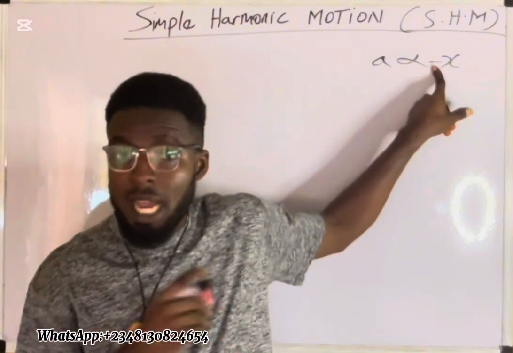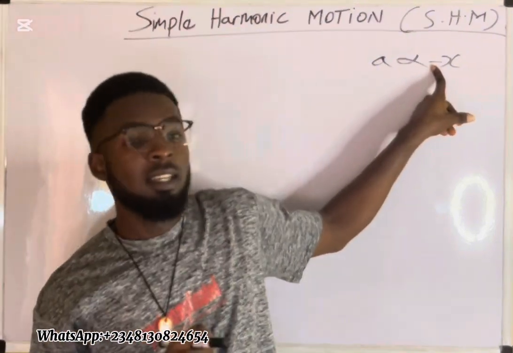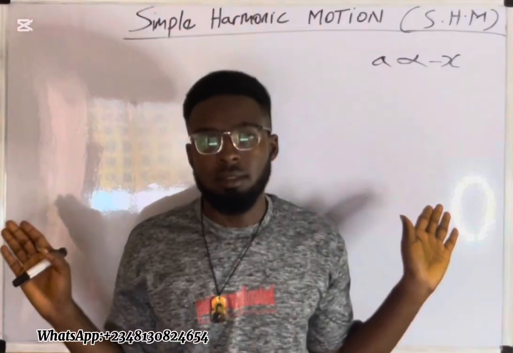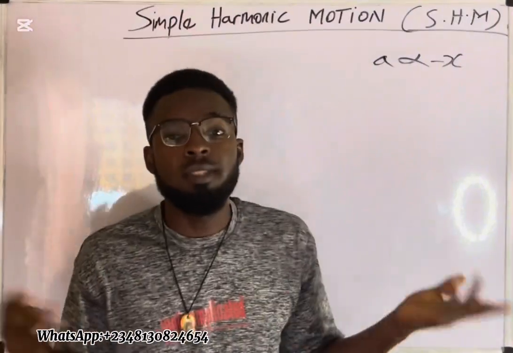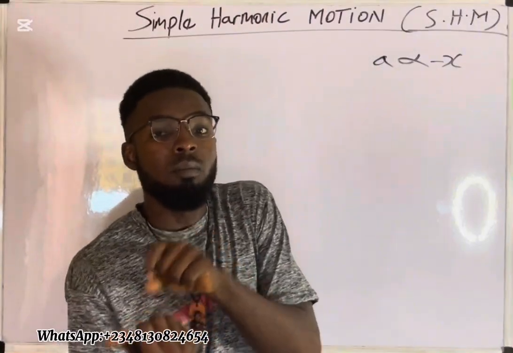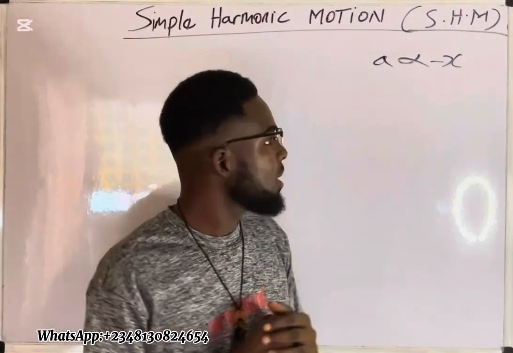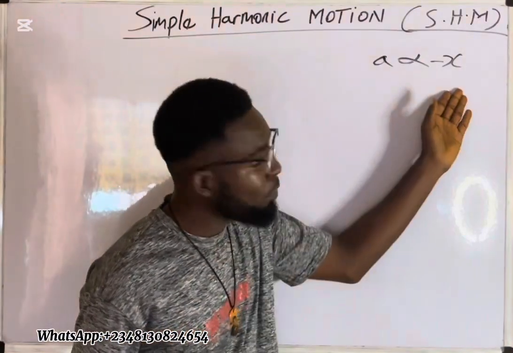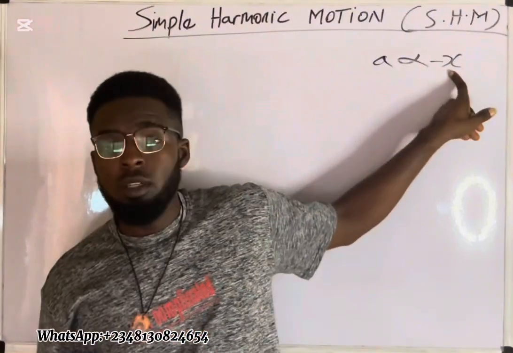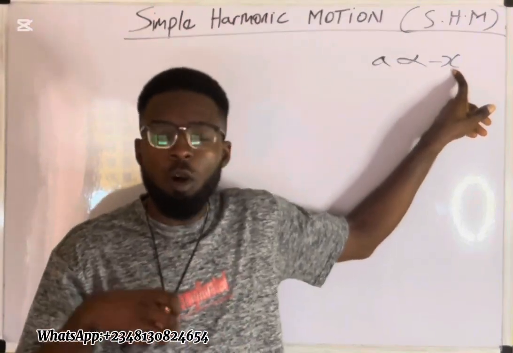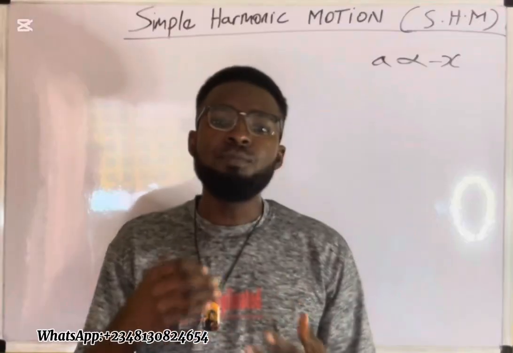Then this negative sign here indicates that these two quantities are opposite each other. Or rather, we say it is directed towards the center of what? Motion. So for a body to execute simple harmonic motion, the acceleration is directly proportional to its displacement from the center of motion. So that's simple harmonic motion.